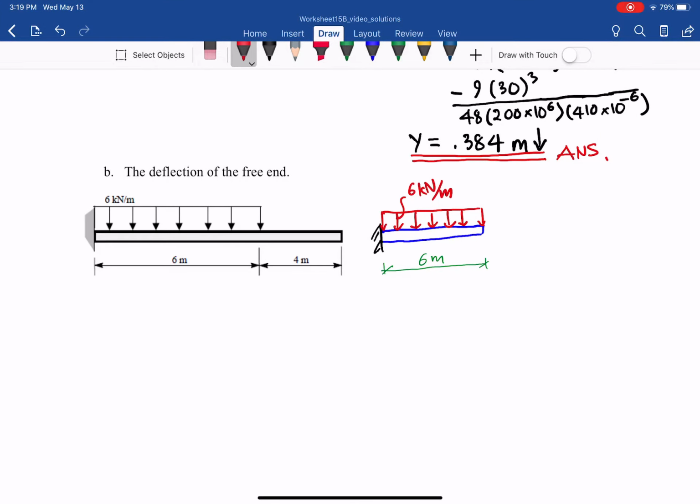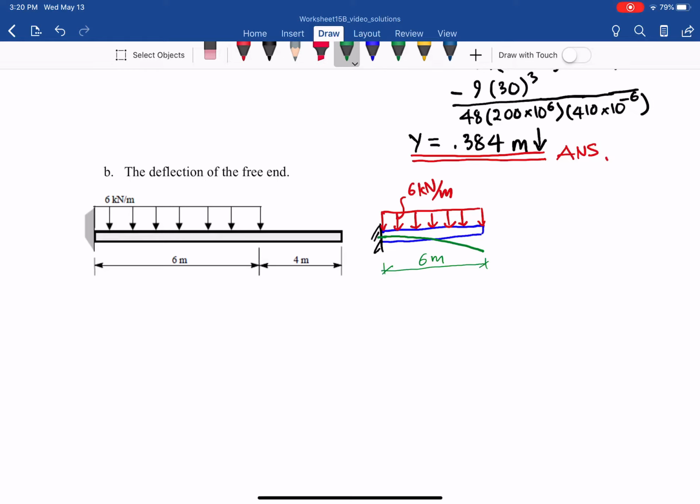So what should the elastic curve be? The slope starts at 0 at the fixed support, and then it goes down with a curve like that.